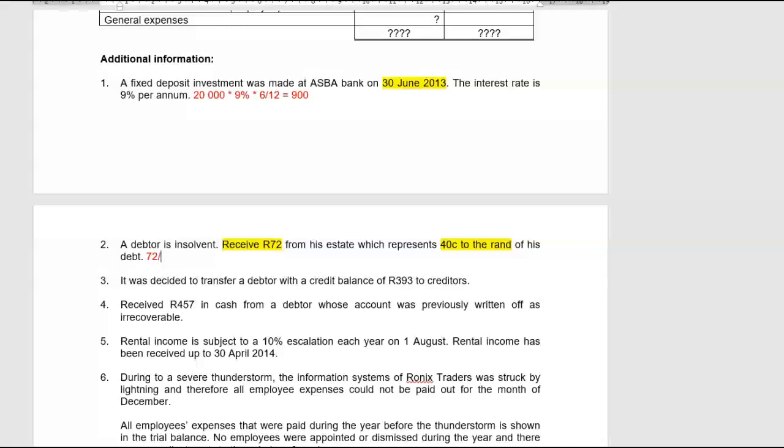If we receive 72 Rand and that represents 40 cents in the Rand, it means that the full outstanding balance was 180 Rand. 72 Rand we have received, so we would debit bank with the actual amount received of 72 Rand, and we would credit our debtors account with the amount of 72 Rand. The difference between the 180 Rand and the 72 Rand, which equals 108 Rand, is the credit losses that we're going to write off.